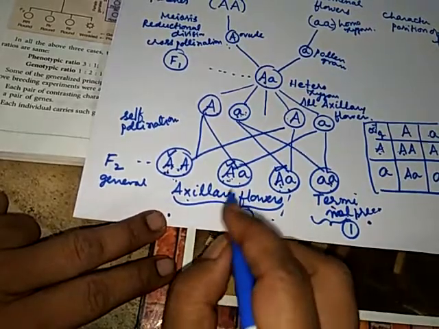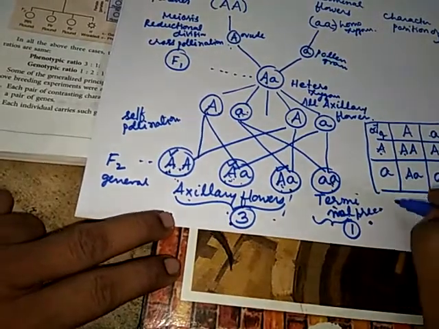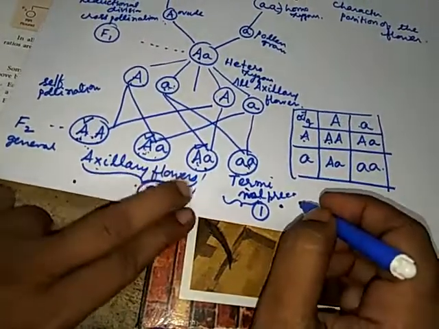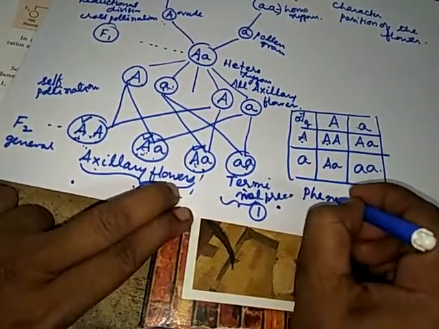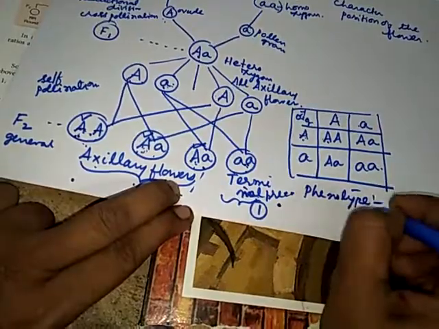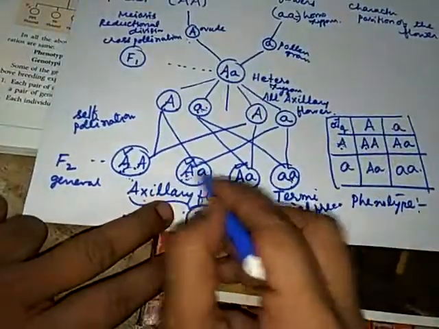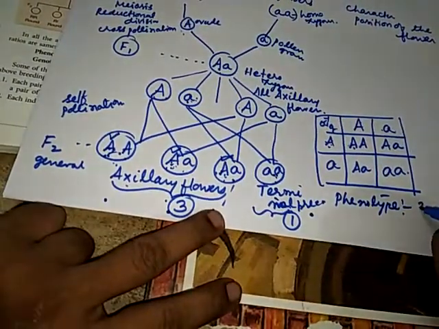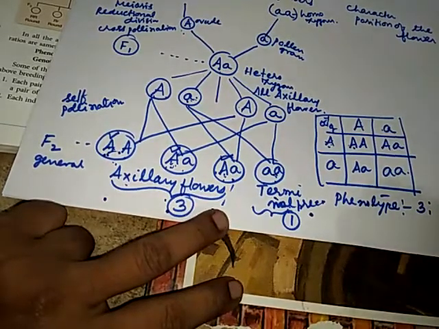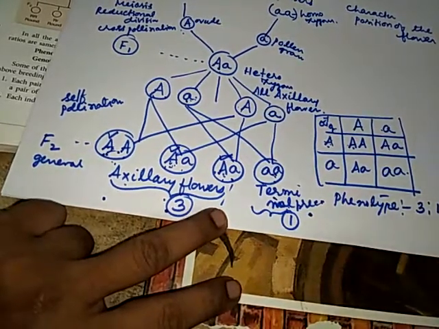So for the single-character monohybrid cross, we will write the phenotype here. Phenotype is how much? Phenotype means here we can see the axillary character in 3 cases, and one is the recessive case.